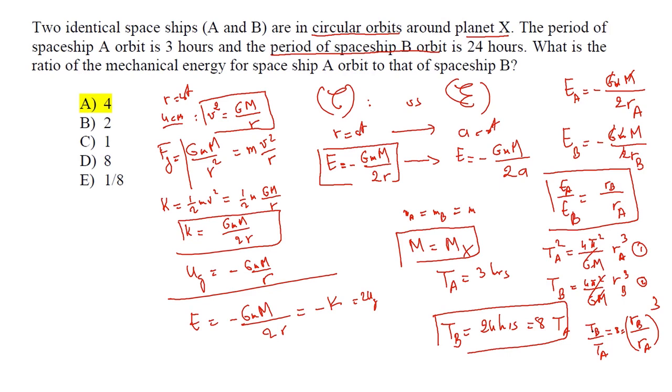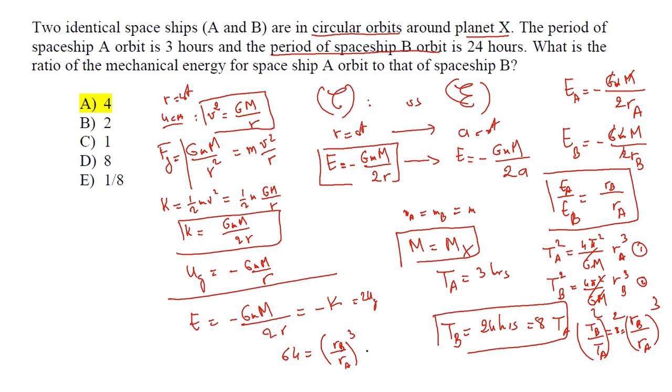Am I right or wrong? Oh, yes, I forgot the square here. If I take the square, of course, because it's TA square. So here, TB divided by TA square, of course. So 8 square, I end up with 64, which is 8 square, is just RB divided by RA cube.